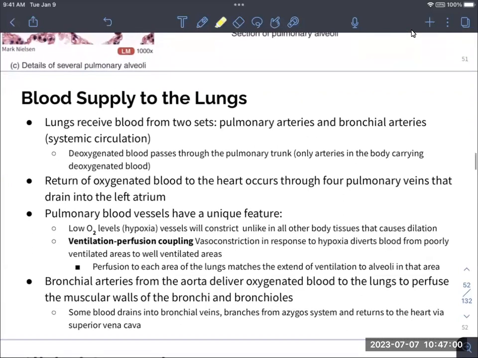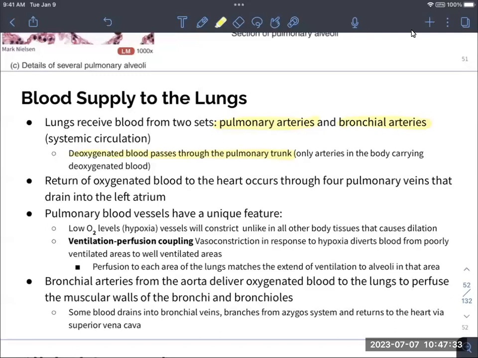So blood supply to the lungs. The lungs are going to receive blood from the pulmonary arteries and then bronchial arteries from that systemic circulation. So that deoxygenated blood is going to go through that pulmonary trunk of the heart that are going to go to those pulmonary arteries.